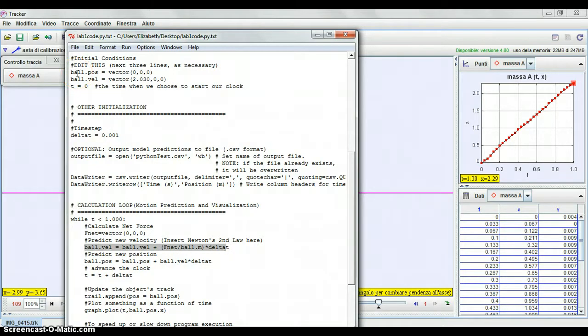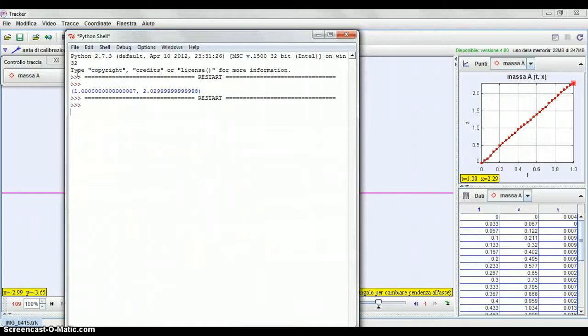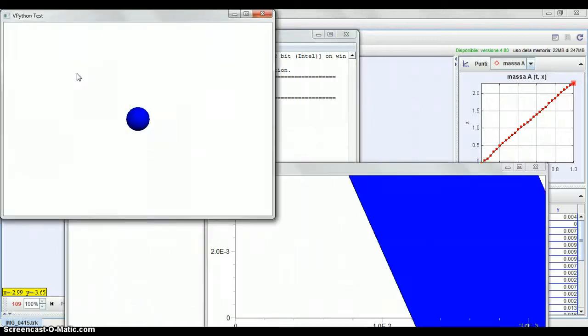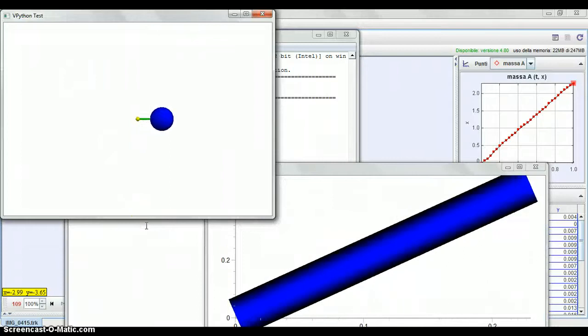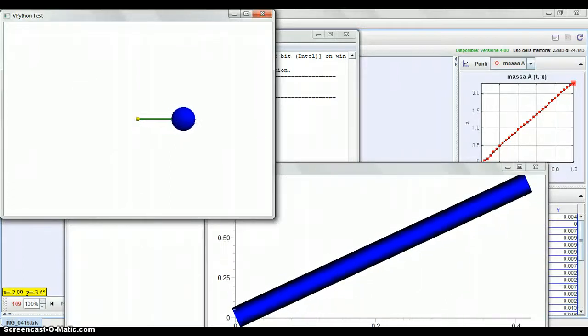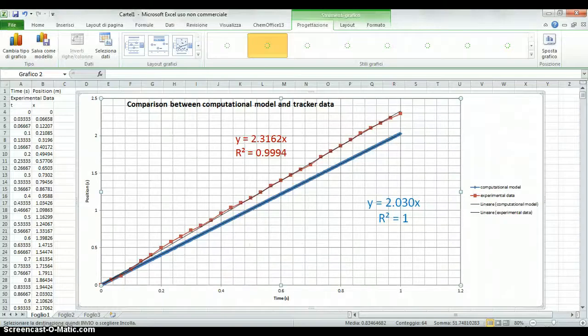But in order to determine the final velocity and the final position for every time step, it will be necessary to resort to a while loop. And the terminating condition will be when t is equal to the final time evaluated with Tracker. And when the code is run, we will also get the data obtained with the CSV file. The results obtained can be seen from this Excel spreadsheet.